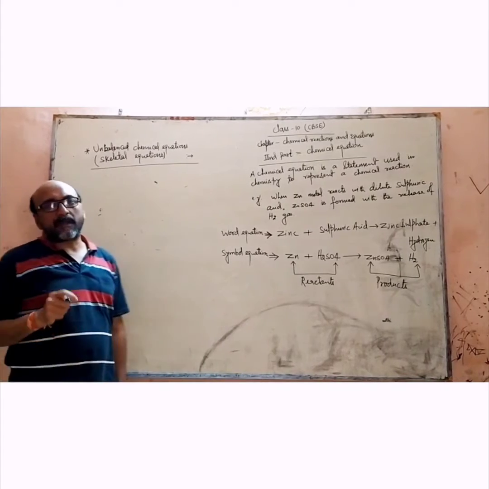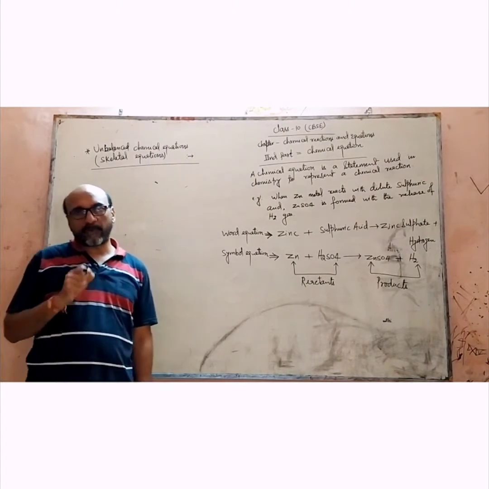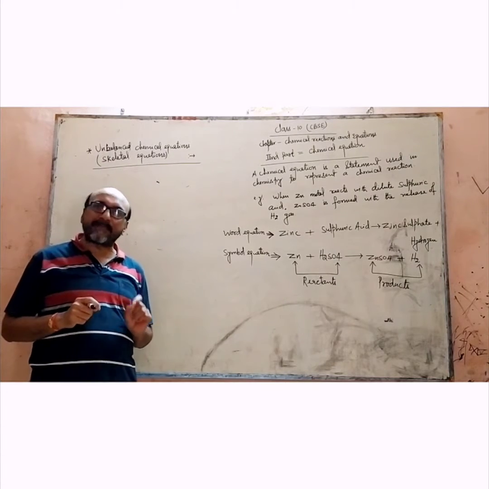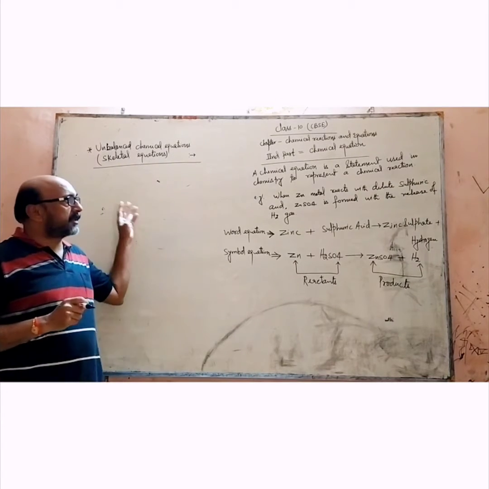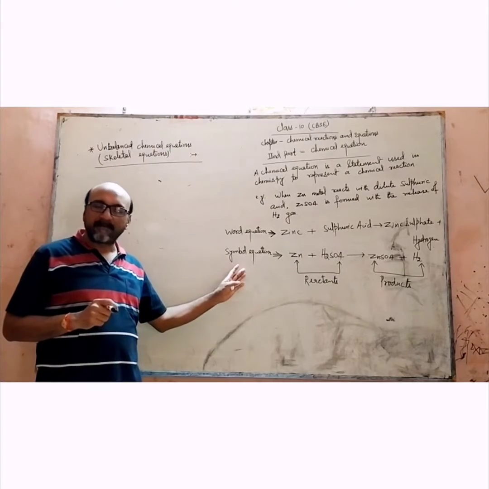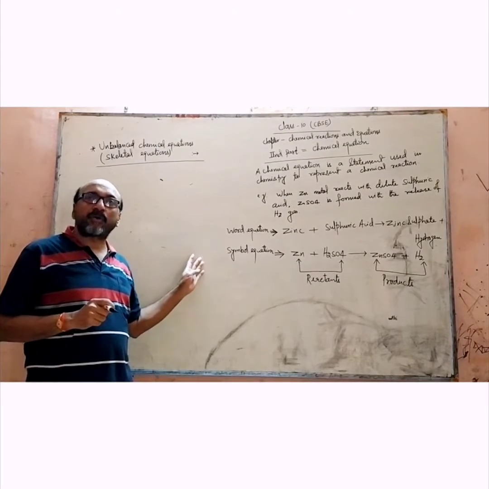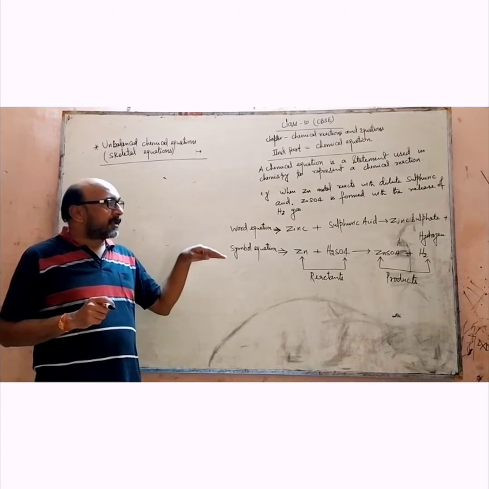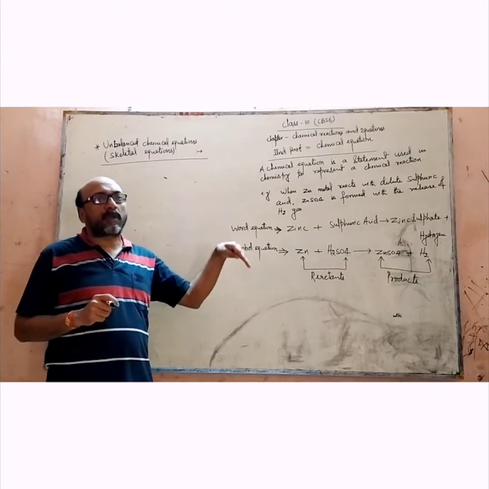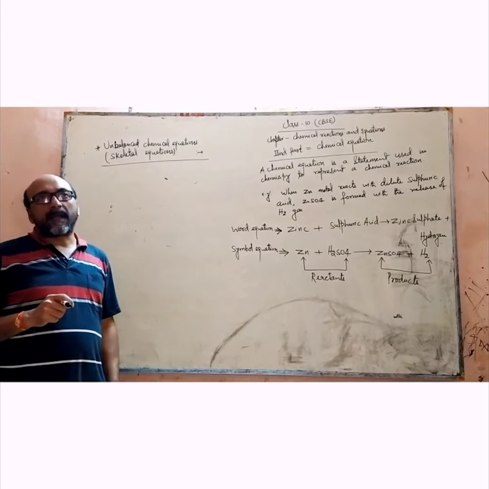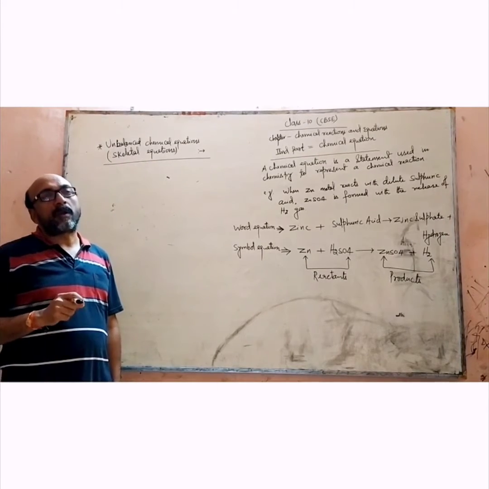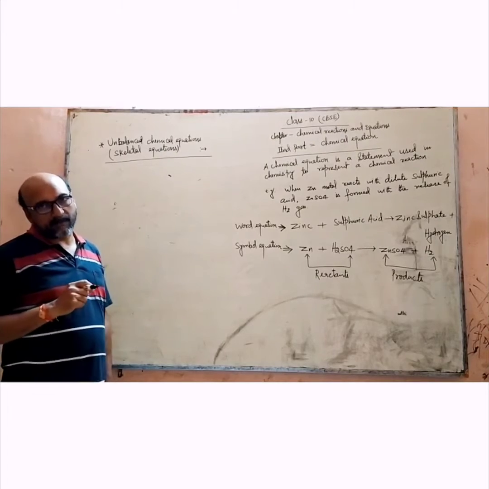The chemical equation in which the number of atoms of each element in the reactant side is not equal to the number of atoms in the product side is called an unbalanced chemical equation.